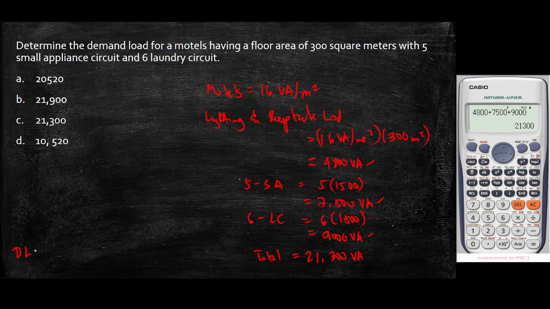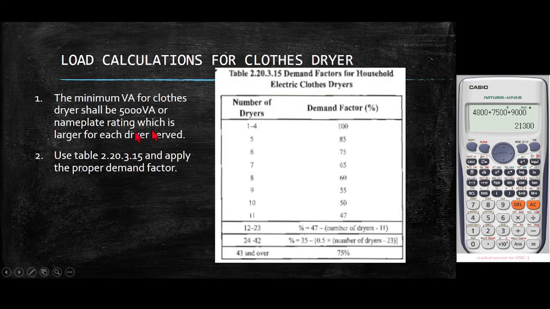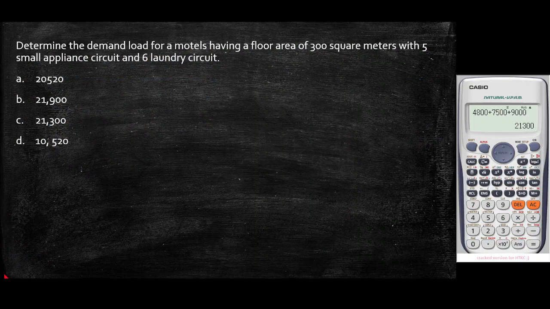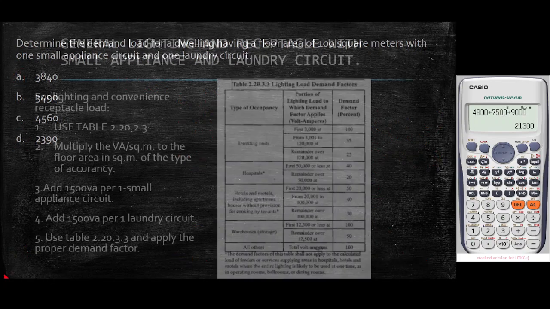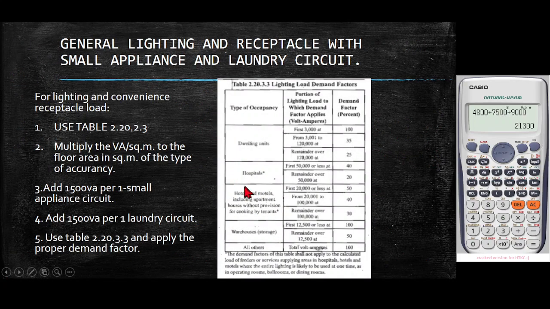Hindi kasi ito katulad sa dwelling na dapat 3,000. So balikan natin yung table. Kanina, hanapin natin kung saan yung para sa hotels at motels. So dito, mangyayari, yung first 20,000 pala is 50%. Tapos yung matitira is 40%.